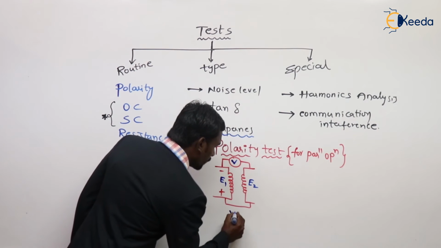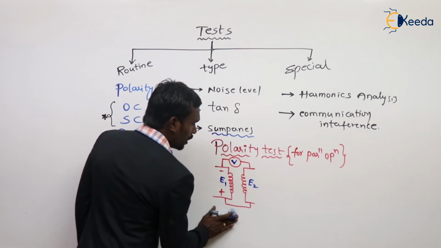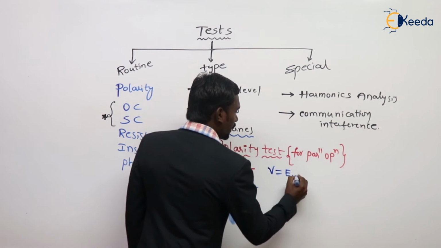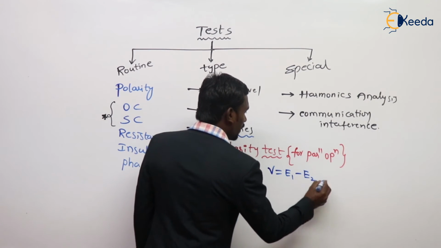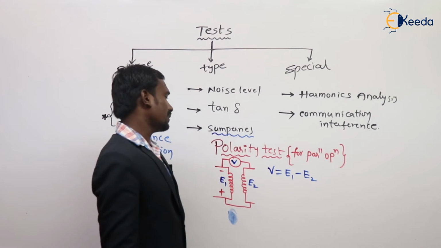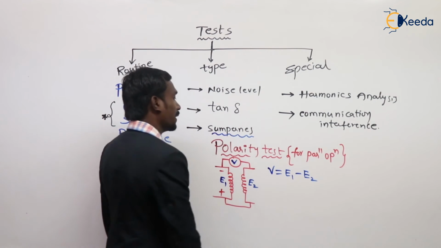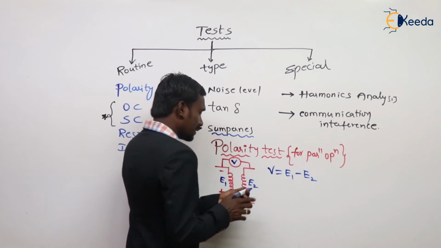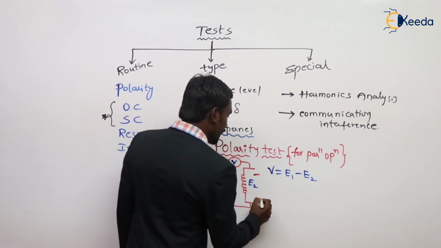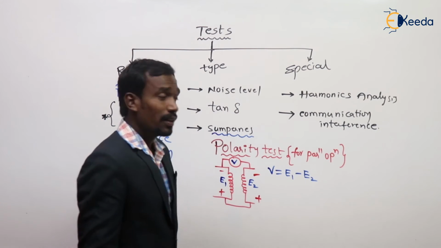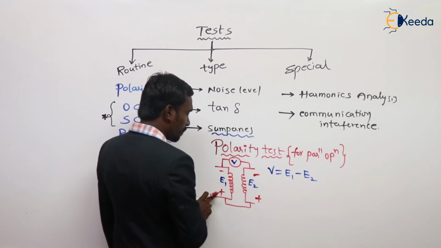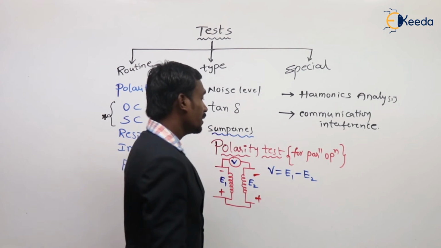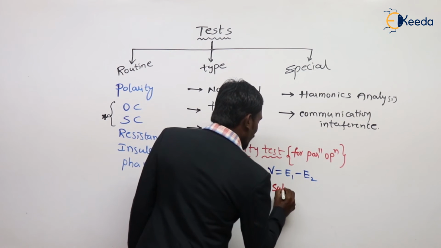If the voltmeter reads the difference of the two EMFs, nothing but plus minus and minus plus, E1 minus E2, this is called subtractive polarity.